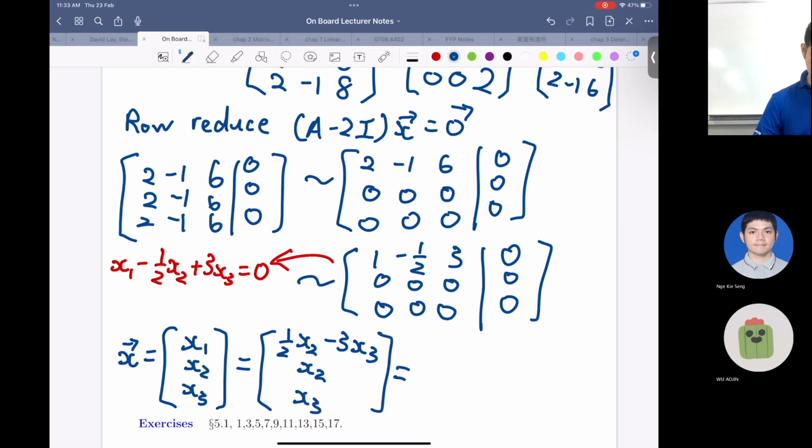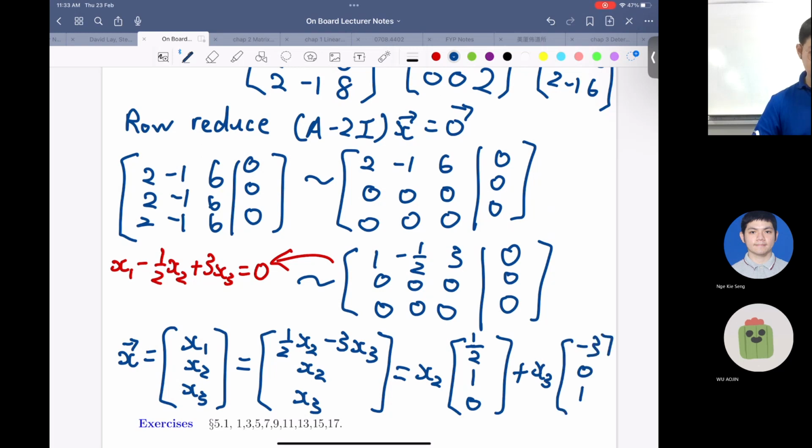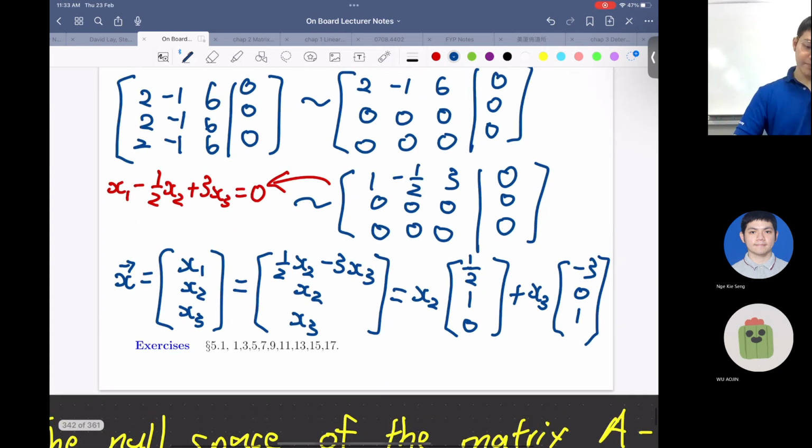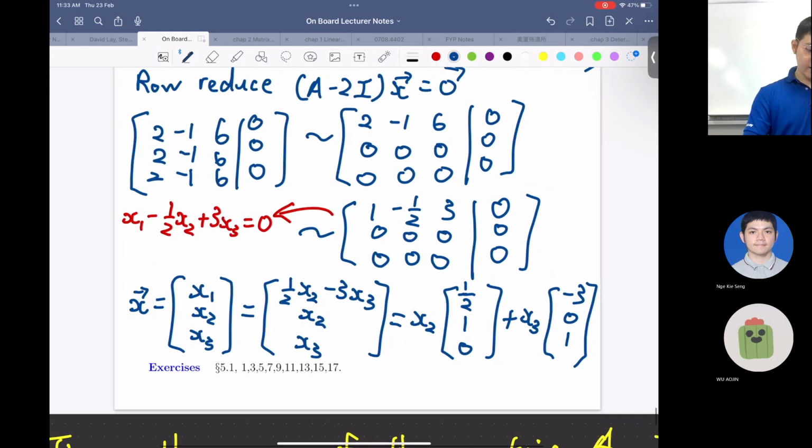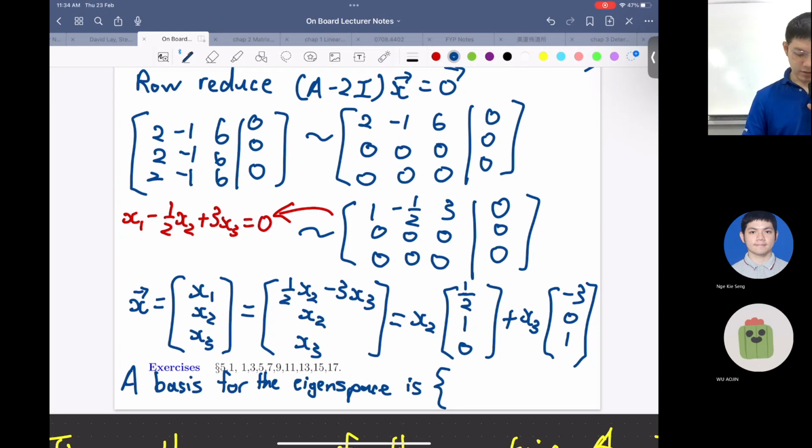So if you write in terms of x2 and x3, you will get x2 times (half, 1, 0) plus x3 times (minus 3, 0, 1). Right? So what's the basis of this eigenspace, null space? A basis of the eigenspace is these two vectors.